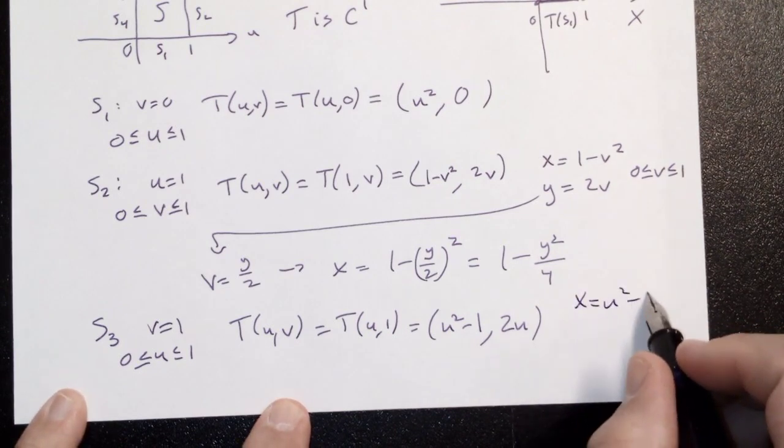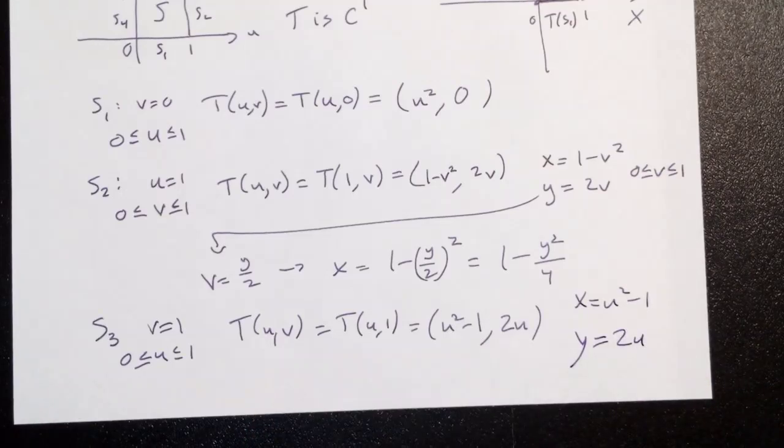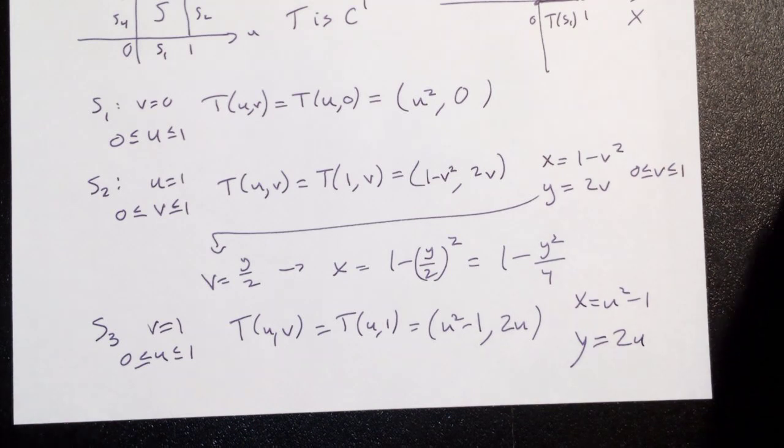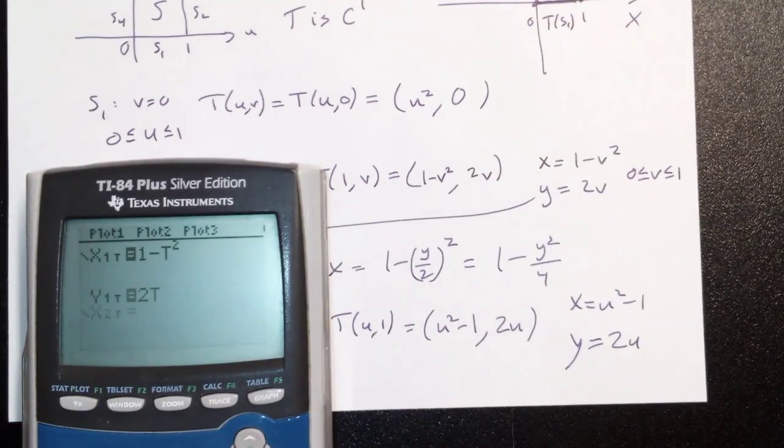X equals u squared minus 1. Y equals 2u. All I have to do in my graph is change that first equation to be t squared minus 1. Now I'm going to run into a problem when I graph this. Problem is that u is between 0 and 1, right?